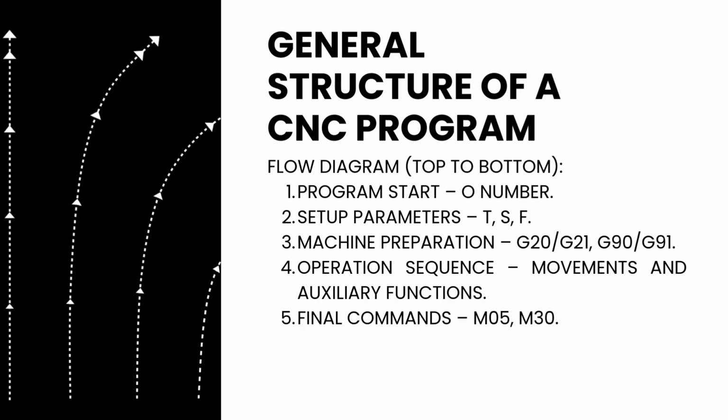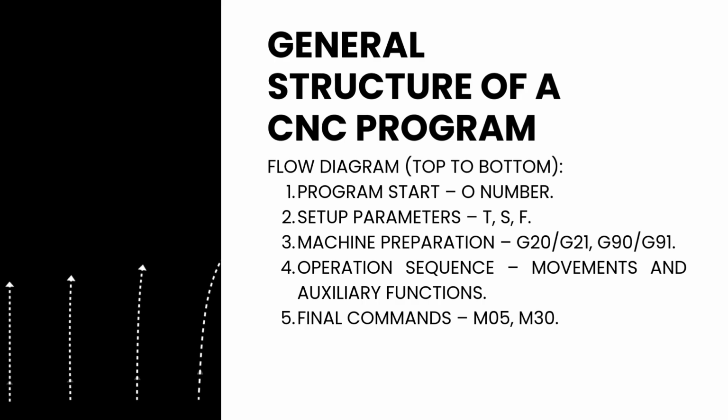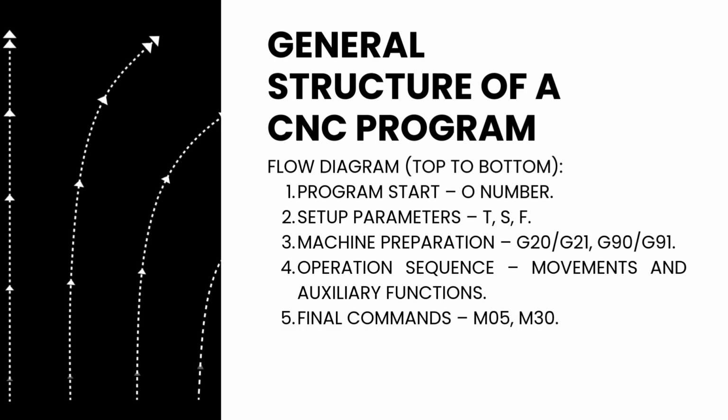At the same time, M codes manage the auxiliary functions like turning the spindle on or off, changing tools, or starting the coolant flow. This part of the program is where precision matters the most. The sequence must be logical and efficient to reduce machining time without compromising quality.